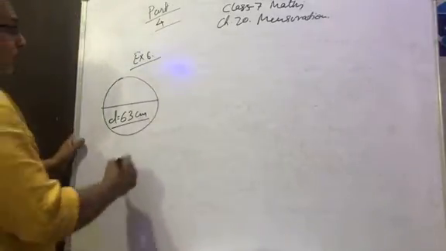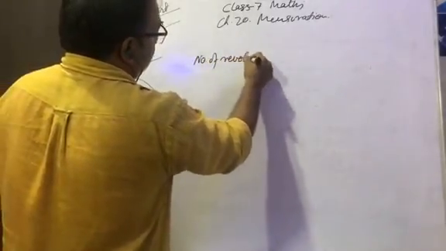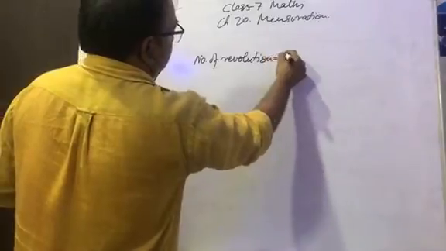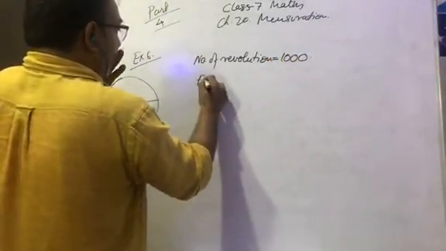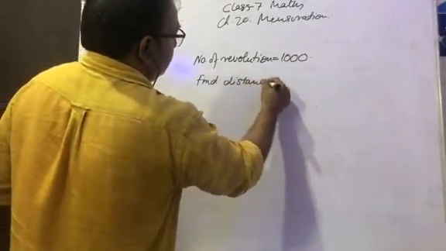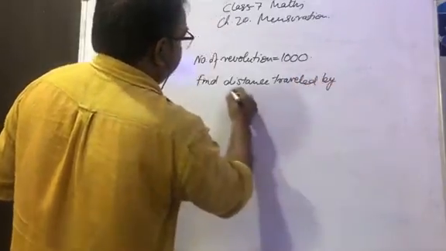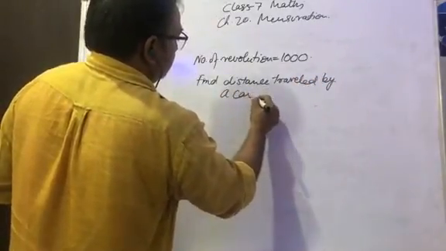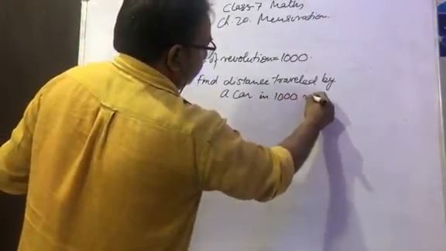Good. So the number of revolutions is equal to 1000, and we have to find the distance traveled by the car in 1000 revolutions.